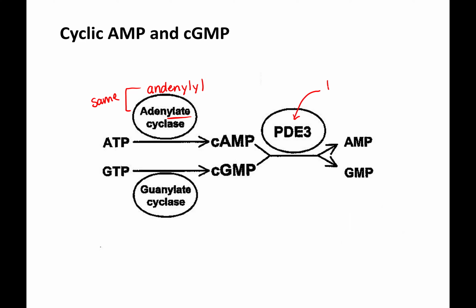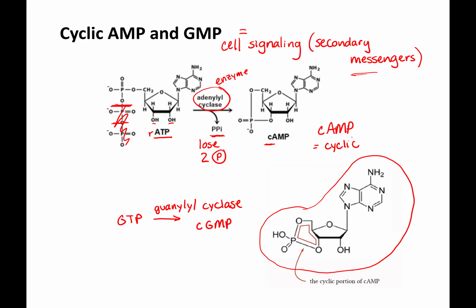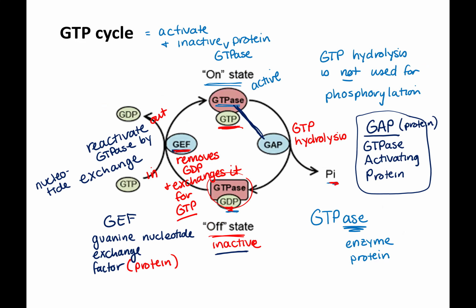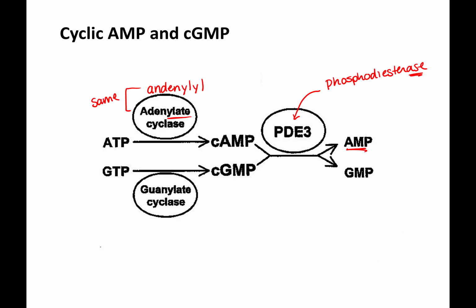PDE3 is an enzyme called phosphodiesterase. Again, an enzyme. And what it does is it basically breaks this cyclic bond, and AMP is reformed, or GMP.